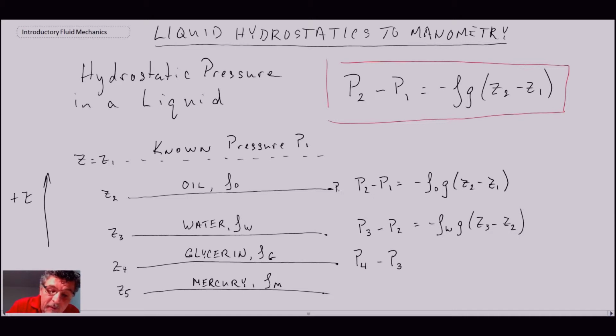P1 is at the top, this would be P2, this is P3, this is P4, and this is P5 here.